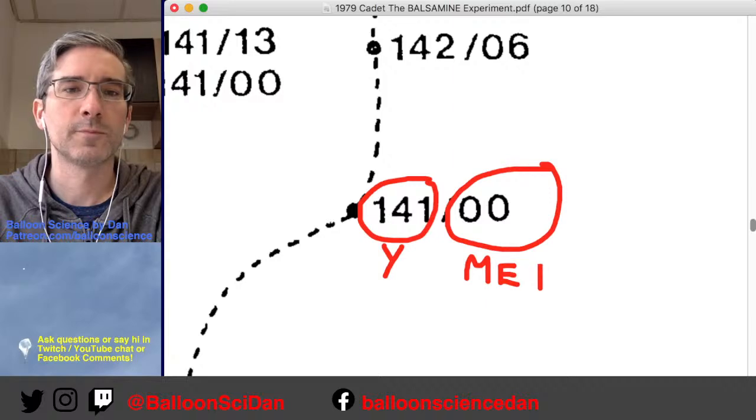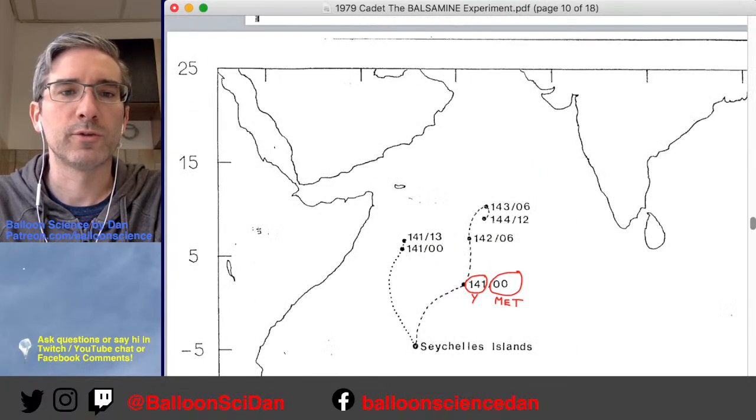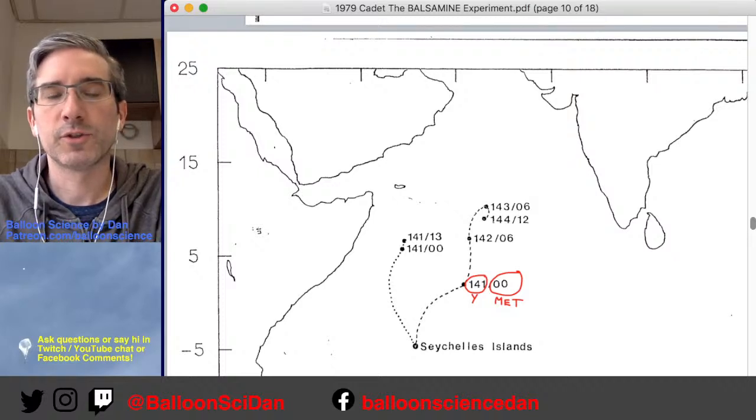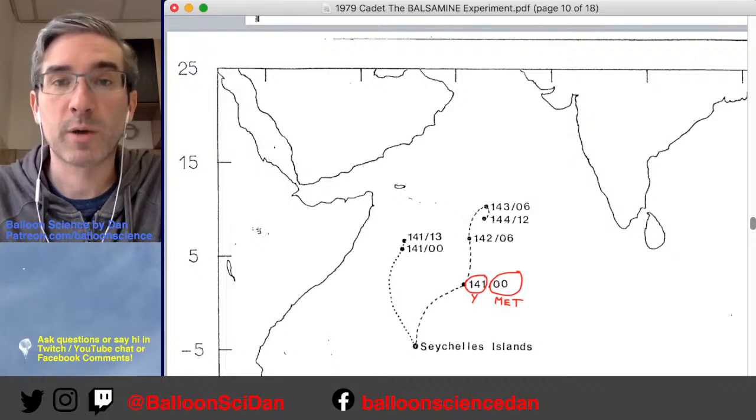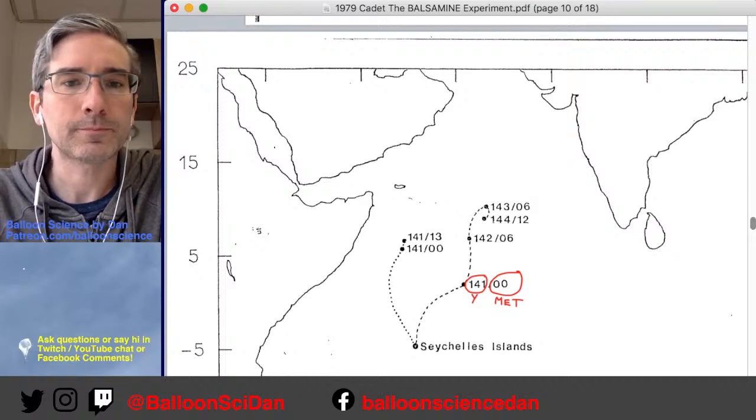Could be worse. So we saw this balloon wandered here. These dots are just from their real-time observation of occasional satellite passes. As they said, all of the data recorded got dumped to tapes. They didn't see all of it as it was happening.